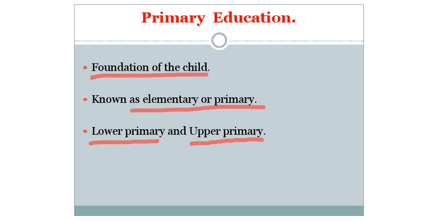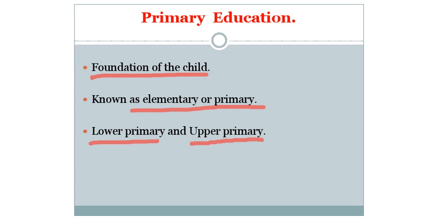Elementary education is a 5 years tenure. It starts from the age of 6 years and ends at the age of 11 years, that is from 6 to 11. It can be widened only when middle school education is added to it.